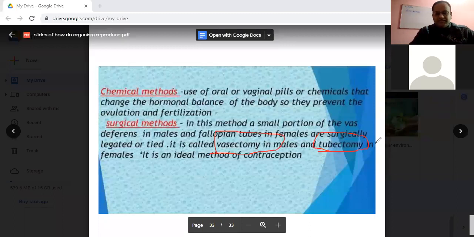So the site of fertilization will be disturbed, hampered, or blocked. Got it? Are the three methods of contraception clear to all of you?